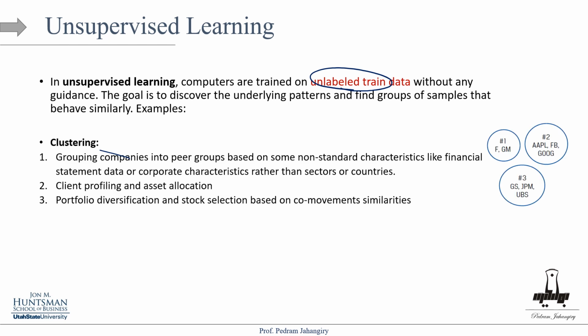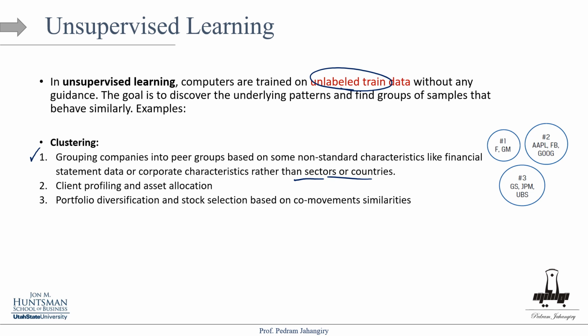So what are the types of unsupervised learning? We can have clustering and dimensionality reduction, right? In clustering, basically you can use a clustering algorithm on your data set, and at the end of the day, maybe unexpected things can suddenly pop up, right? So let's look at a bunch of examples in finance. In finance, we usually group the companies based on their sectors or countries, right?